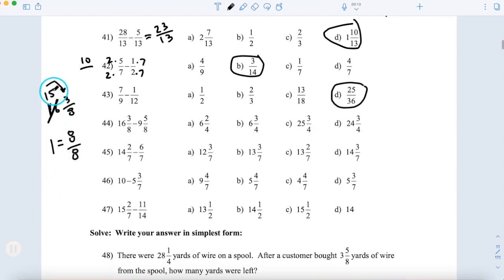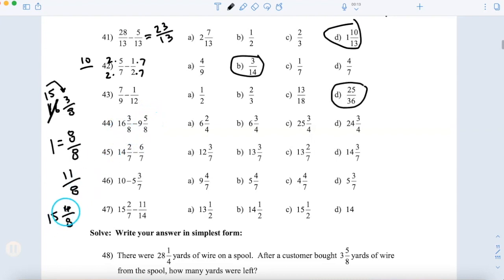This whole that I borrow from the 16 is going to turn into 8 over 8. And now 3 over 8 plus 8 over 8 is going to give me 11 over 8. So let me go back. 16 and 3/8 is the same as 15 and 11/8. Right? Remember, the idea was to make this fraction much bigger so I can subtract the 5/8.